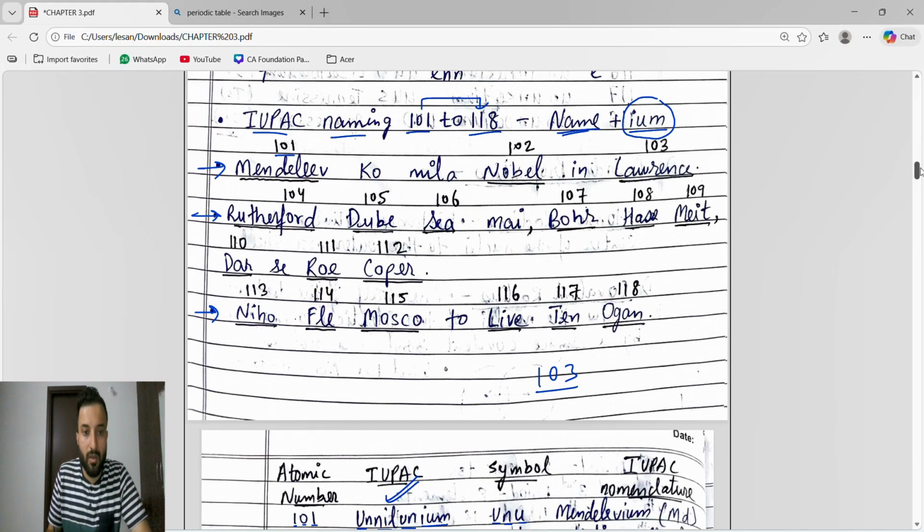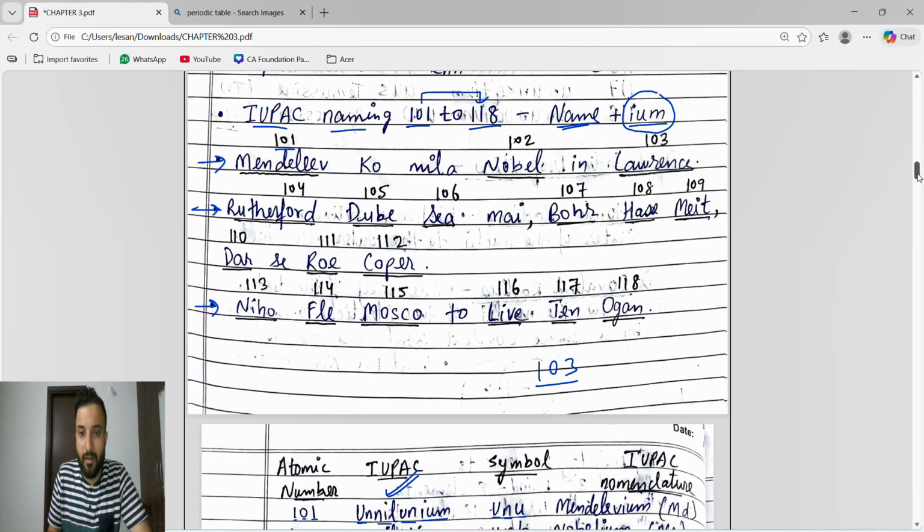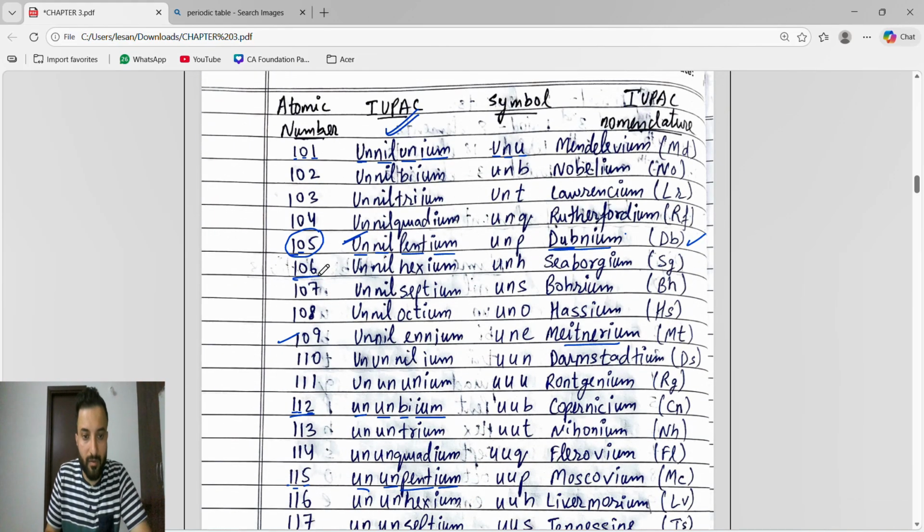101 Mendeleev, 102 is Nobel, 103 is Lawrence, 104 is Rutherford, 105 is Dubé, 106 is Sea. Sea means 106, Seaborgium. You will not remember the whole name, just look for the one starting with Sea: Seaborgium. In the examination, suppose they give Unnilhexium and you have to write its real IUPAC name.